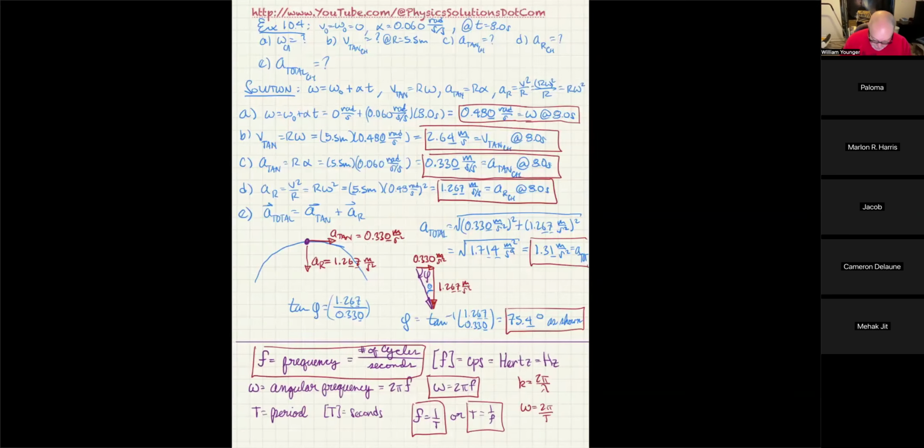So let me just show you really quickly on this. If, for instance, we had a disk like this and it was rotating this way, then our right hand rule would tell us omega would point that way.